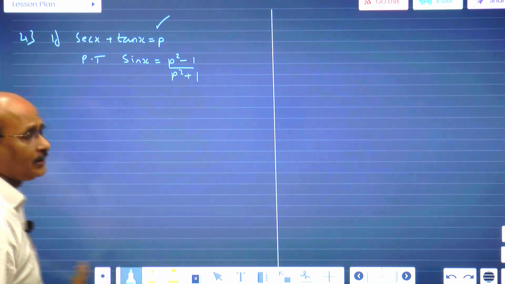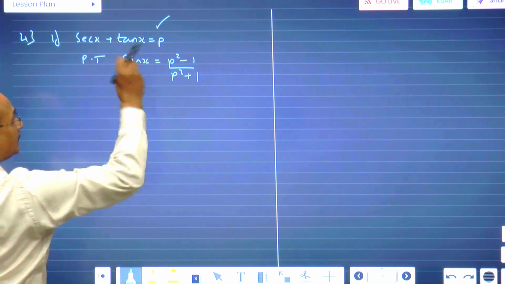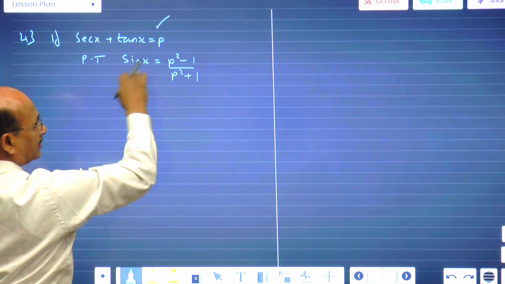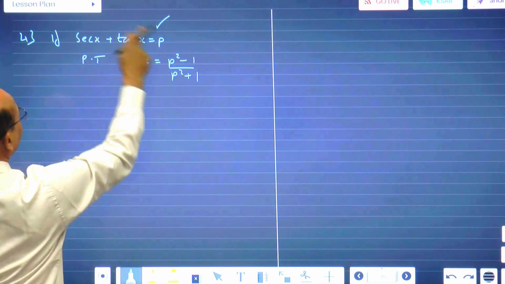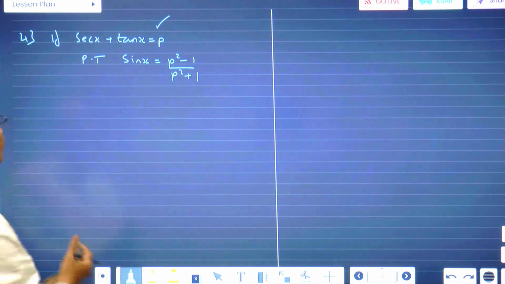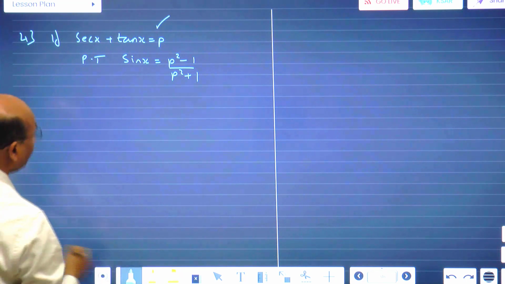is equal to sin x. Okay, so one method is p value is given, take this p value and put it in the RHS and see whether you get the LHS. Second method is what? Use this information and see whether I can get this expression directly. How? Let us see. So I would do the second way of doing that.